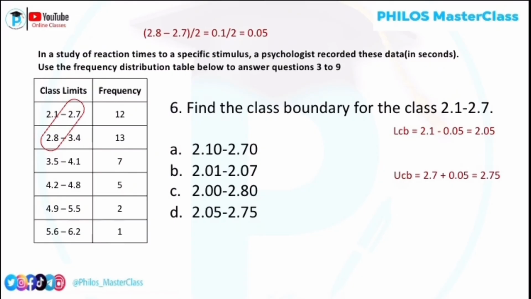So 2.7 plus 0.05, and that will give you 2.75. So you say the class boundary is 2.05 to 2.75. So the correct answer to this particular question is option D, 2.05 to 2.75.